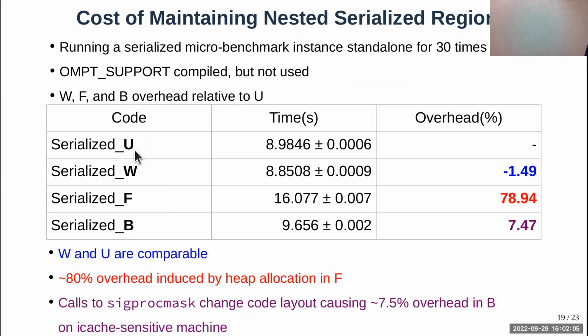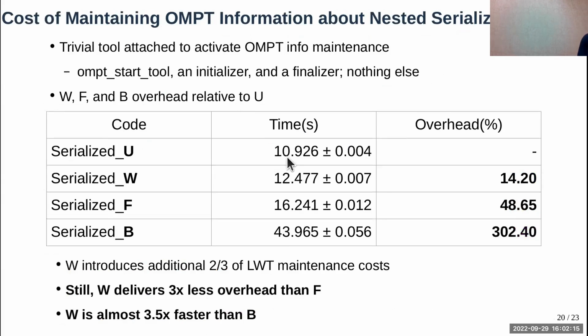Yeah, and that's a good question. I skipped this part because I didn't want to deep dive into the complexity. So basically, the U version has an execution time of 8.9. And here it has an execution time of 10.9, which means that by attaching a tool, you need to have some overhead for maintaining the information about the task descriptors themselves, which means that lightweight task descriptors are initially heavy.